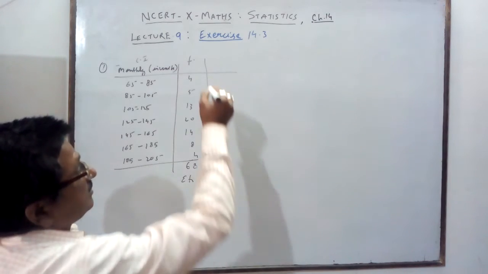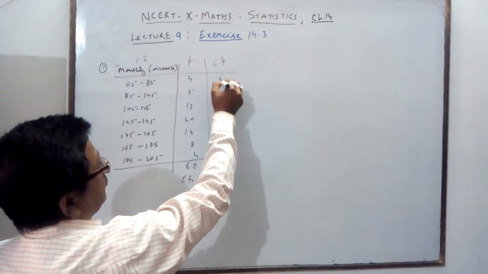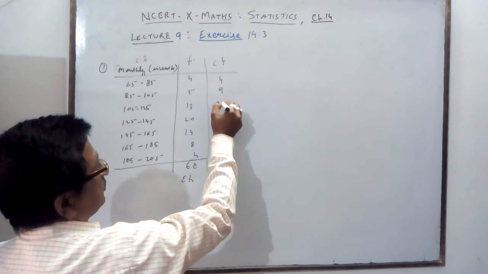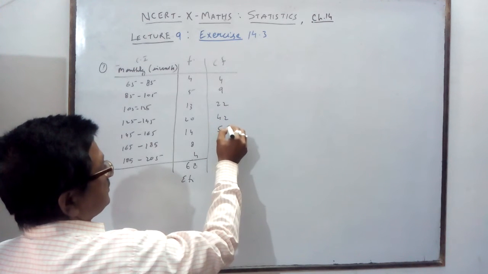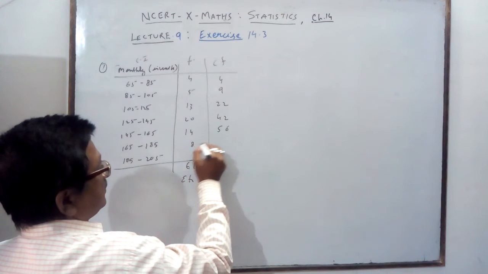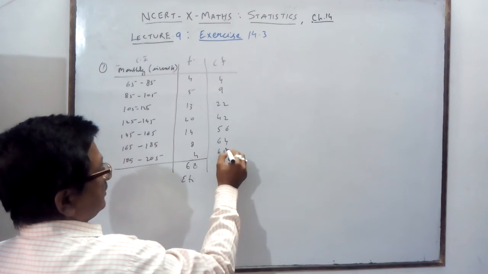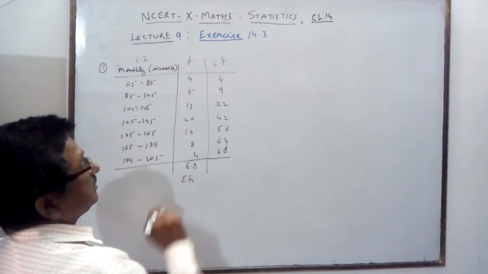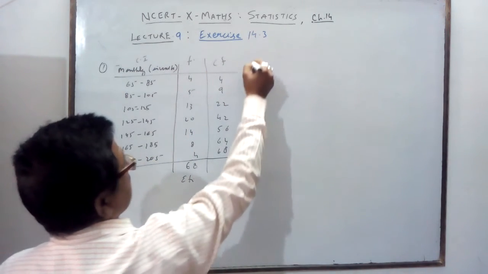For the median, first find the CF: 4, 9, 22, 42, 56, 64 and 68. What is the cumulative frequency?